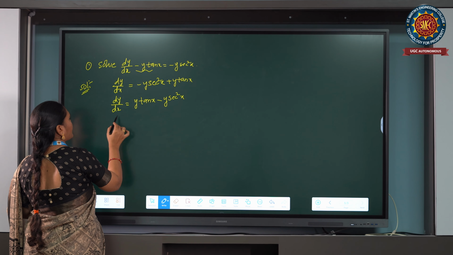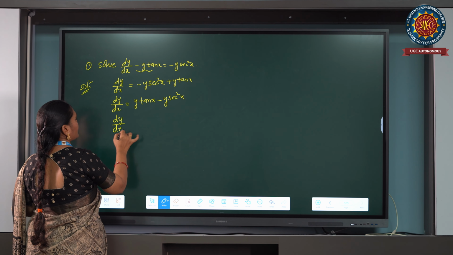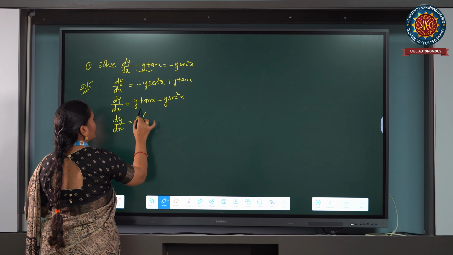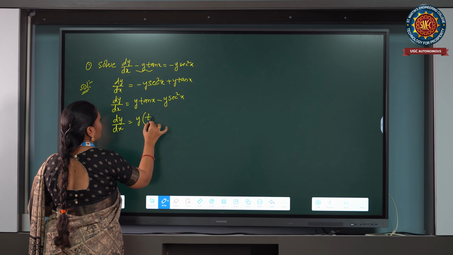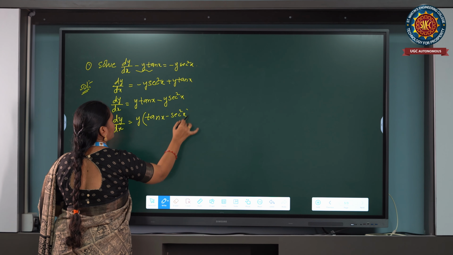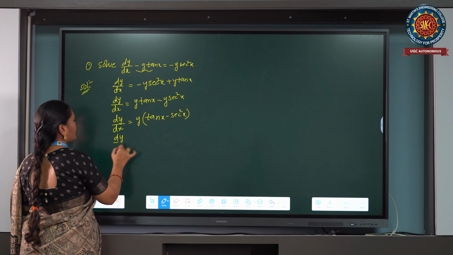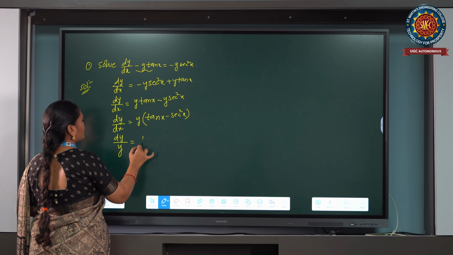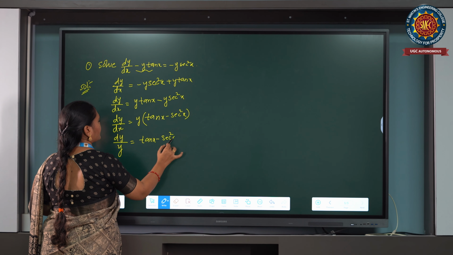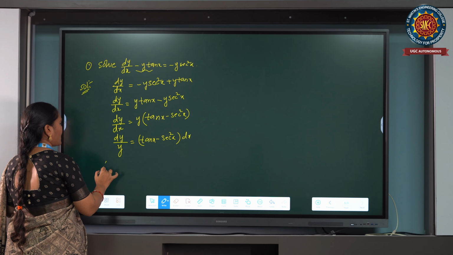Now observe this equation. Here y is the common term, so write it outside: y into tan x minus sec square x. Then y sent to this side, dy by y is equal to tan x minus sec square x into dx.